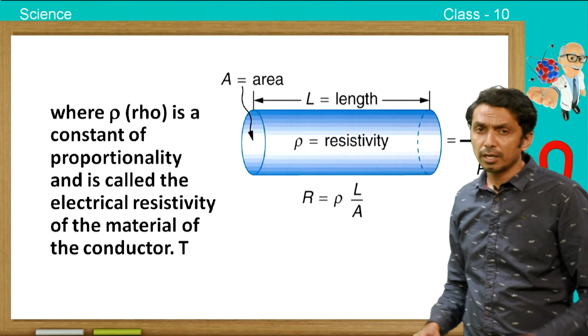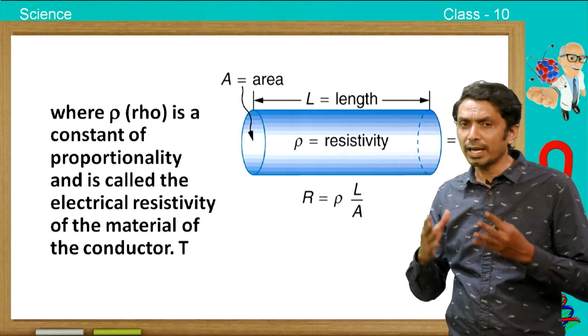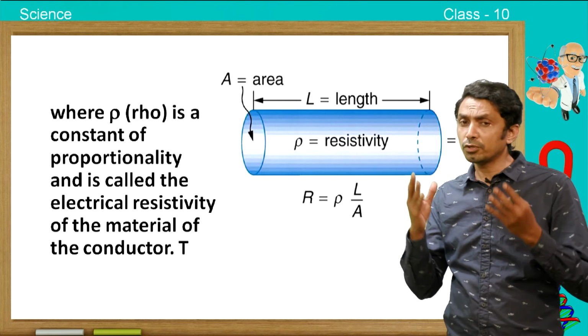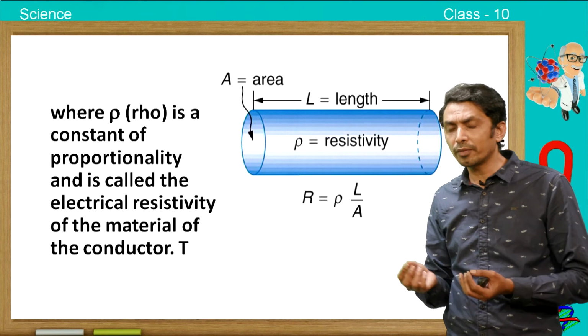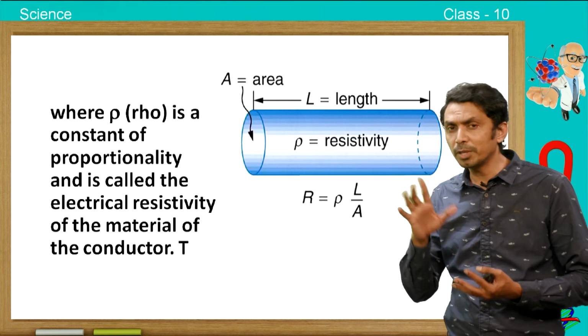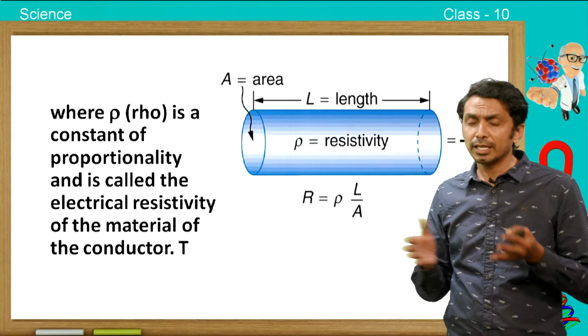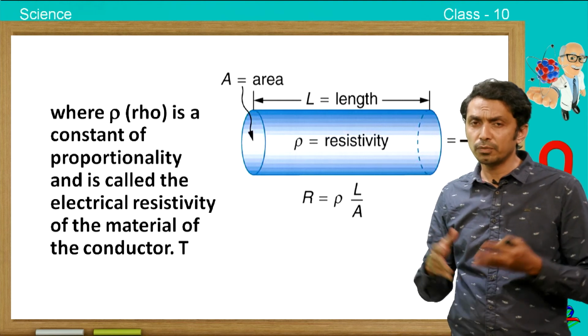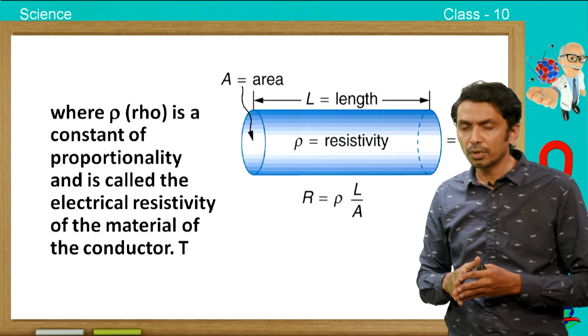I would like to give you one illustration here. If you take an aluminum wire of 2 meter length and a copper wire of the same thickness but of 1 meter length, and compare their resistivities, it is very difficult to judge them on a common platform. Why?